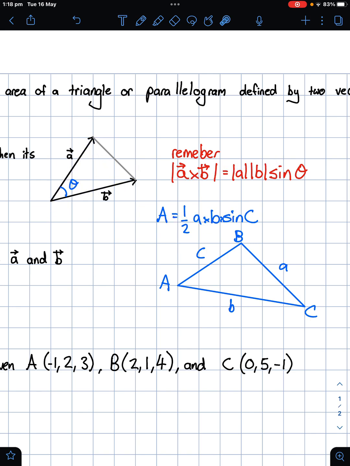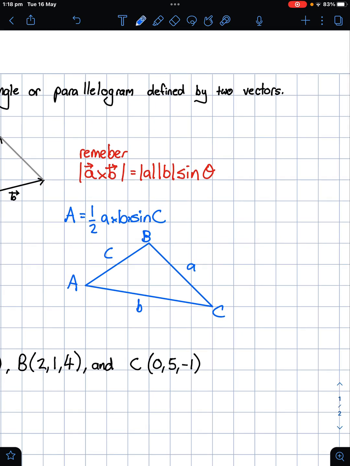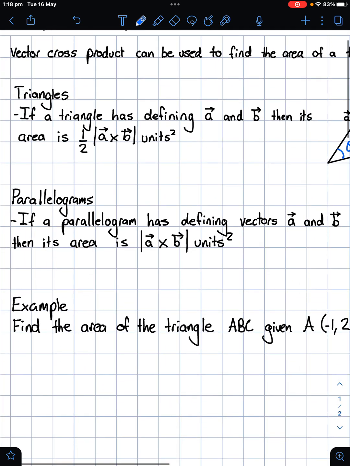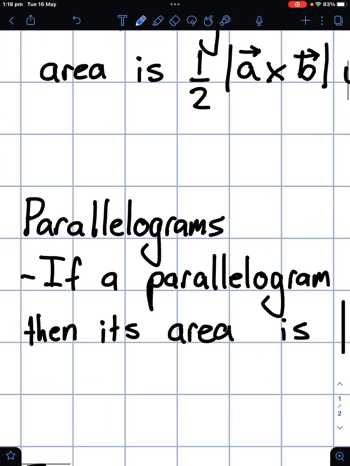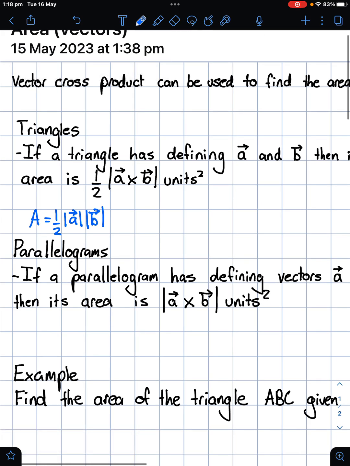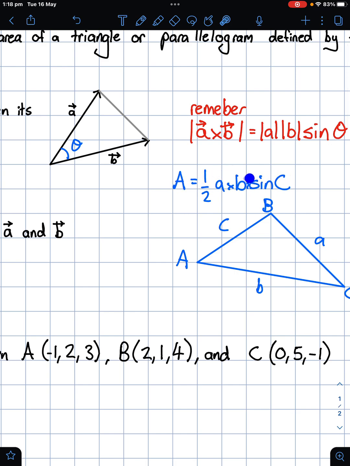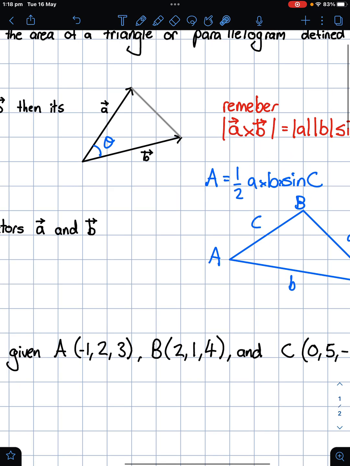Now, because of that, it also means that for the area of a triangle between vectors, the area would be half the length of one of the vectors times the length of the other vector, and then times sine theta. And this is from our rule here, which is the area of a triangle when it's not right angle. So we've got that there.